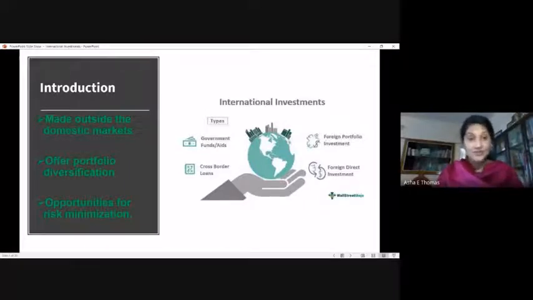International investment avenues give an opportunity for the investor to diversify the portfolio and thereby minimize the risk exposure. So these are the broad benefits of making available the avenues for international investments.